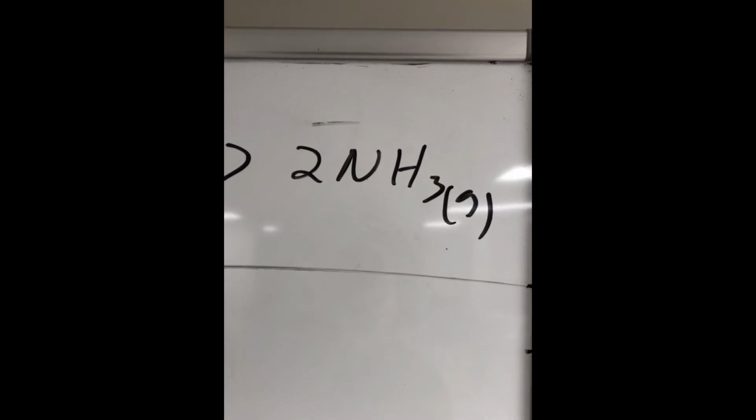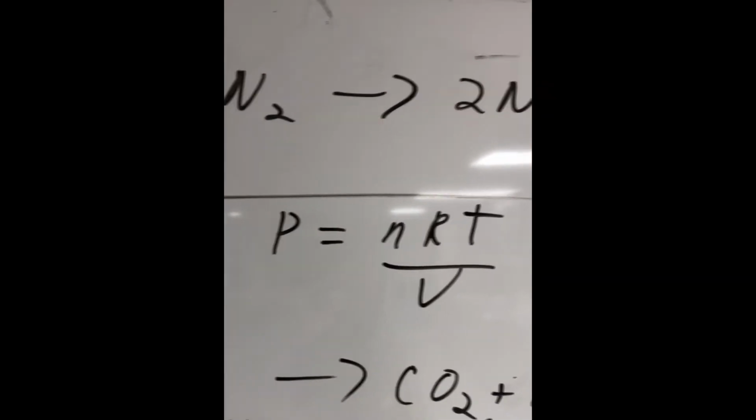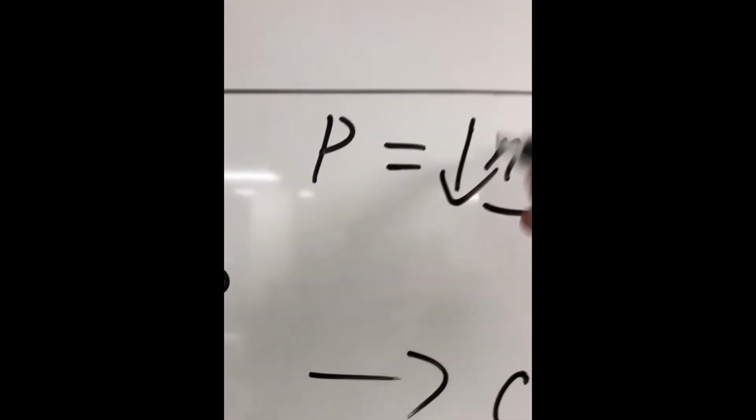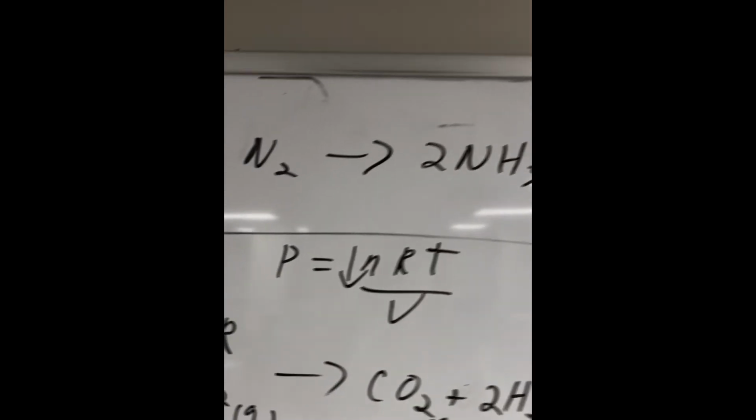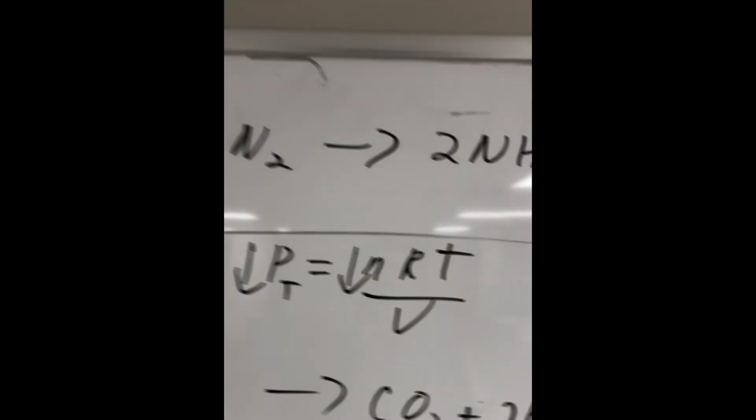And if you have fewer moles, according to P equals nRT over V, if the number of moles goes down, which it does, 4 moles versus 2 moles, then the total pressure would have to go down.